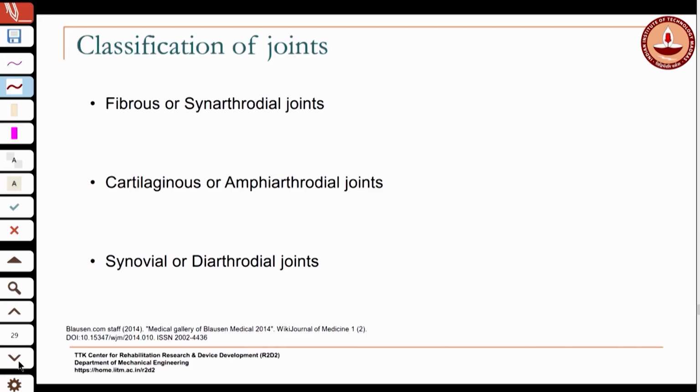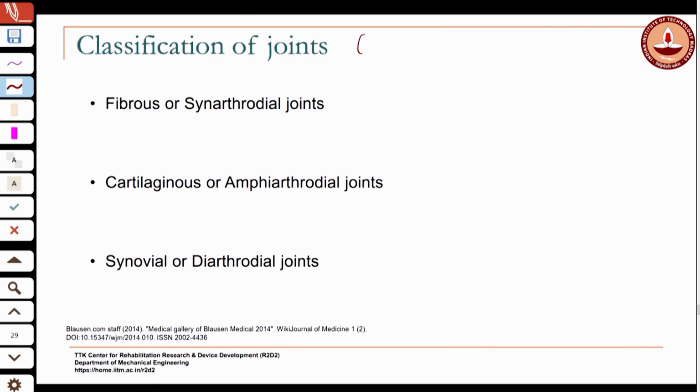There are other classifications based on what kind of movements are allowed at the joint, what we call the degrees of freedom at the joint. The first we will look at, based on the anatomical structure of the joint, is the various types of joints.